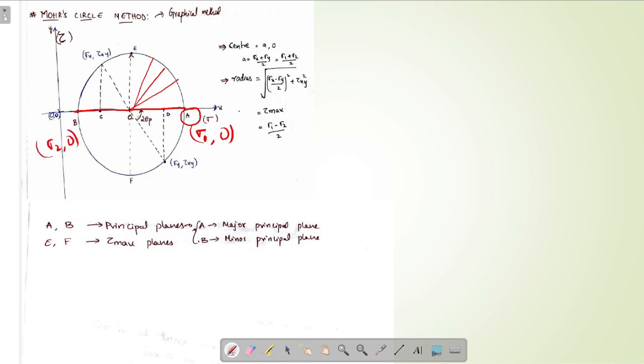This A comma 0 is the center of the circle. This is given by sigma x plus sigma y by 2 or sigma 1 plus sigma 2 by 2. We have to remember this. Sigma x plus sigma y equals sigma 1 plus sigma 2, which equals the sum of normal stresses on any particular axis, that is sigma x dash plus sigma y dash.